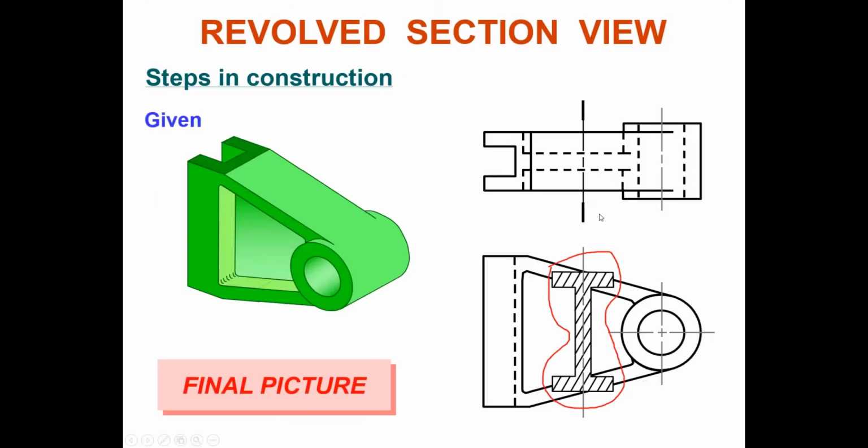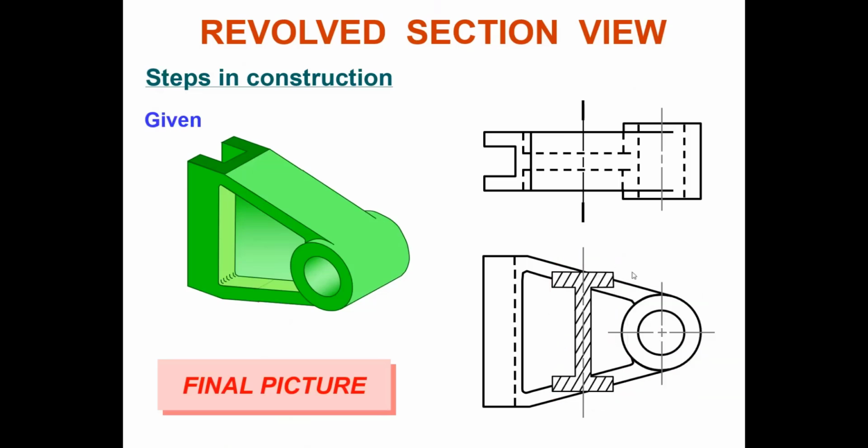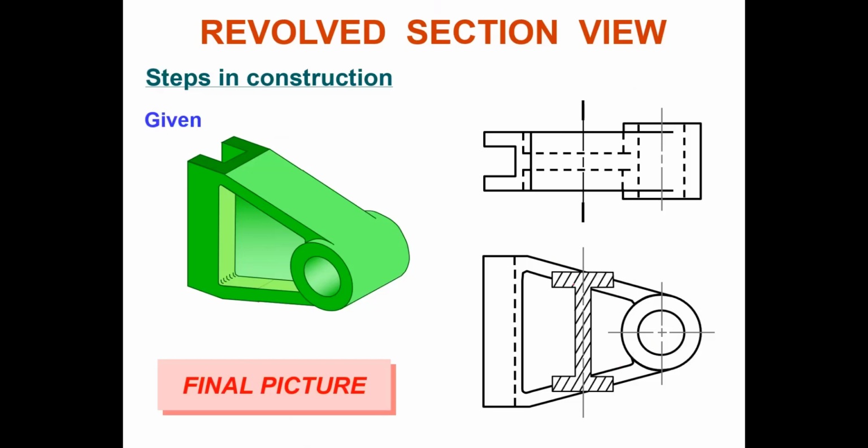Sir, yang revolve section tu pakai pensel mana? Yeah, good question. Revolve section, as I told you tadi, yang ini, okay, this one, you're talking about the border ni kan? Class, the border pakai apa?